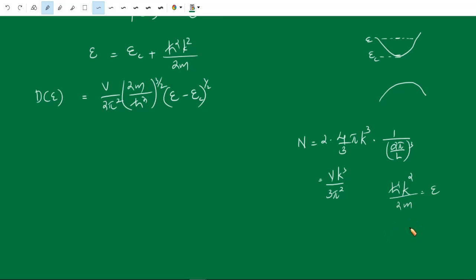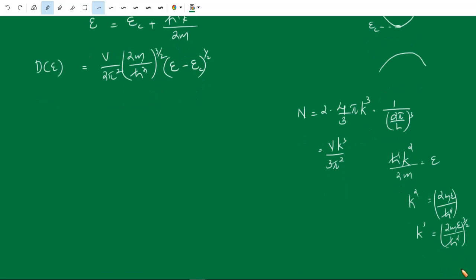So therefore you can write k square is equal to 2m by h cross square into E. So k cube is nothing but (2m by h cross square) whole raised to 3 divided by 2, or (2mE by h cross square) whole raised to 3 divided by 2.